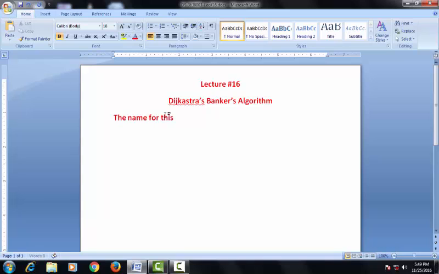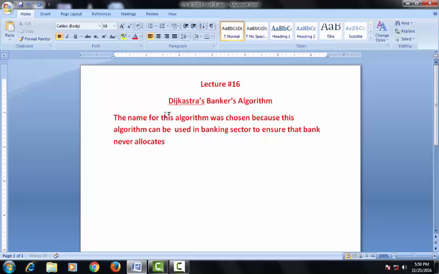The name for this algorithm was chosen because this algorithm can be used in the banking sector to ensure that the bank never allocates its available cash to all customers without getting assurance of limited cash.